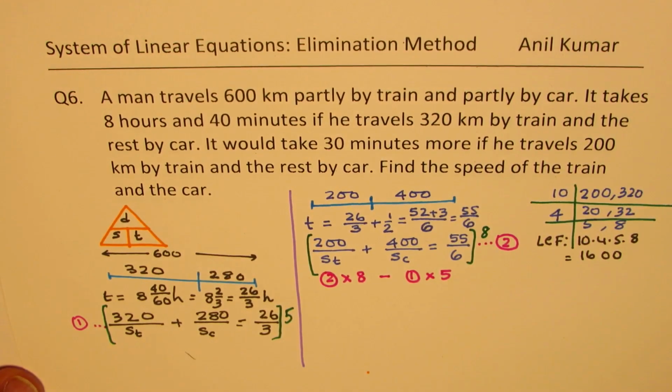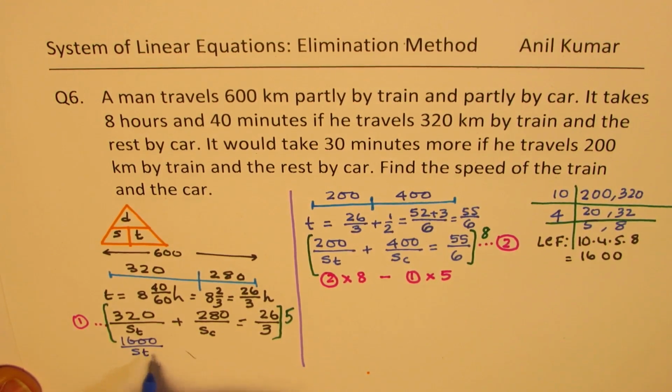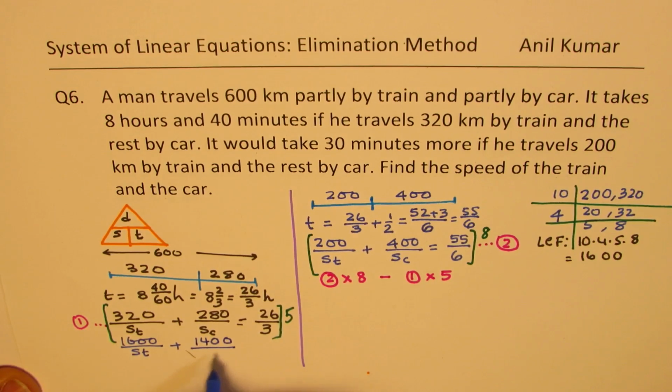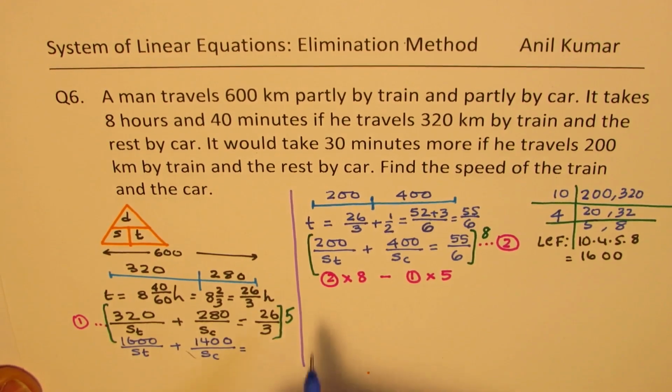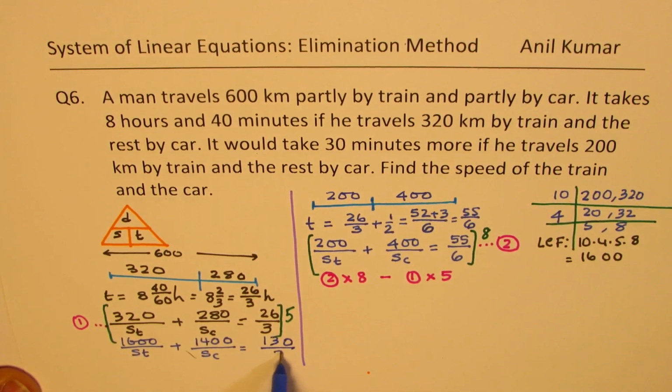Okay, so let's do it. So now, when you multiply this by 5, what you get here is 1600 over speed of train plus 5 times 280, that is 1400 over speed of car equals 5 times 6, 33, so 130 divided by 3.